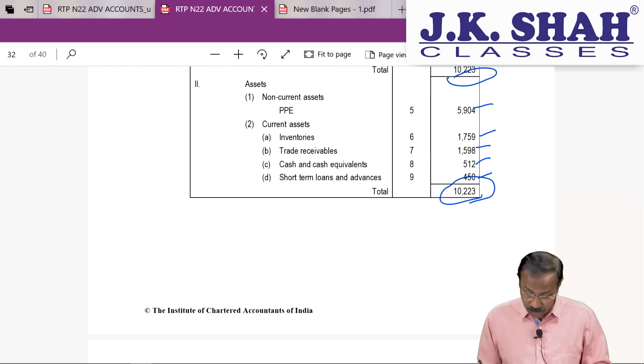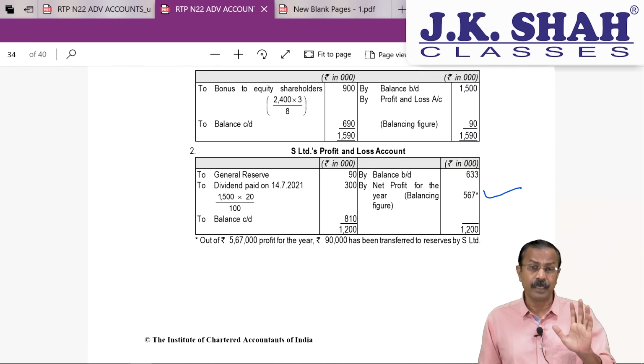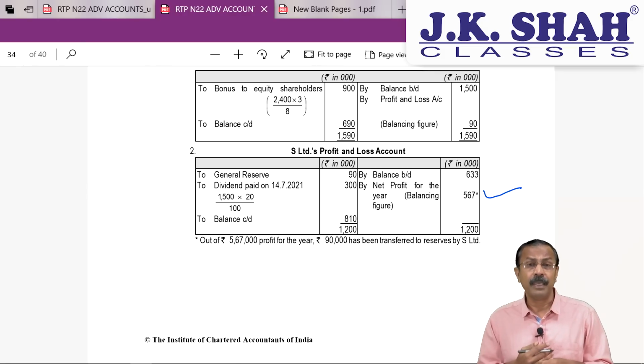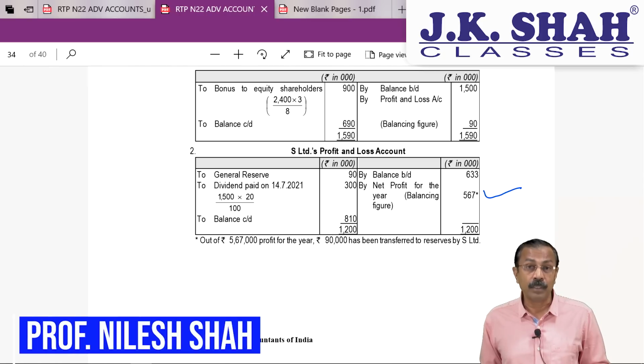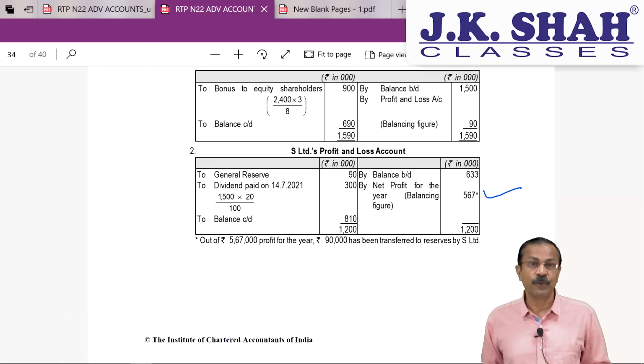They have done consolidation workings in a statement format. It's just a matter of presentation. Answer remains the same, remember. So with this, we complete the revision of RTP Advanced Accounts CA Inter November 22. Wish you all the best for your exams.